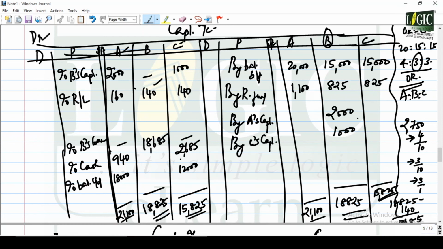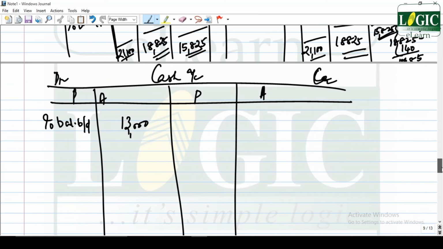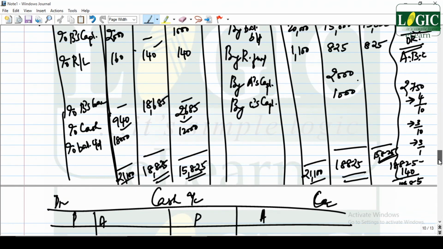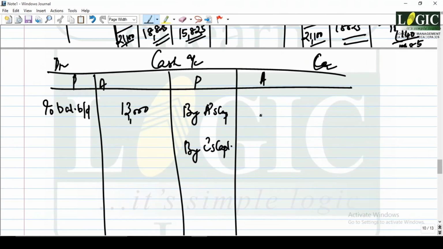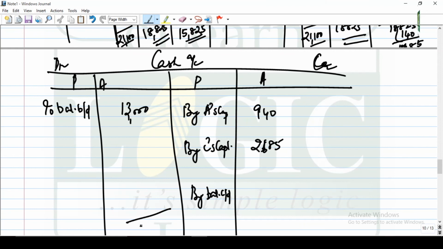Now this will have its impact in cash account. Cash account, by A's capital, by C's capital, 940 and 2,685. So there will be a balance. How much? Heavier total on both sides.